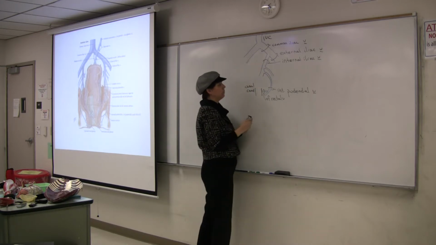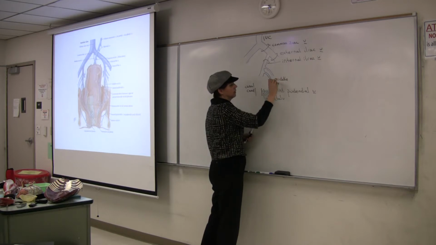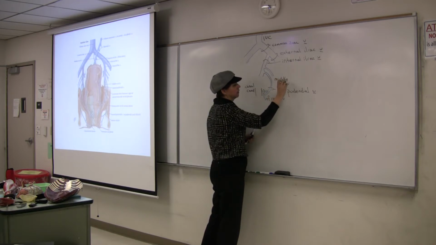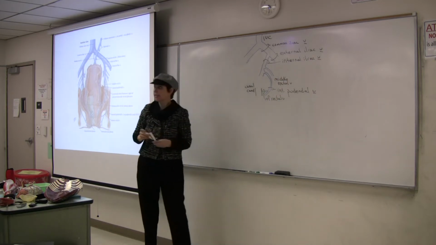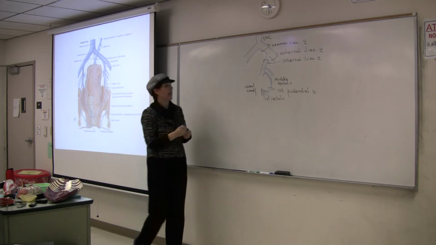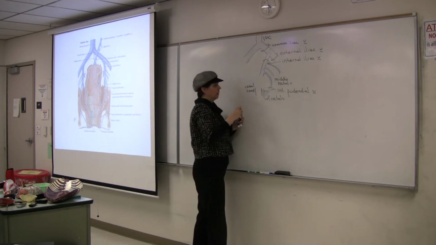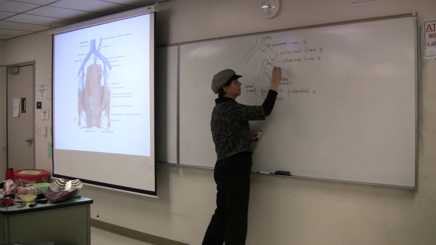Middle rectal vein will drain directly into the internal iliac. So the same branches we talked about that were arteries. And then obturator vein is also going to drain into the internal iliac.